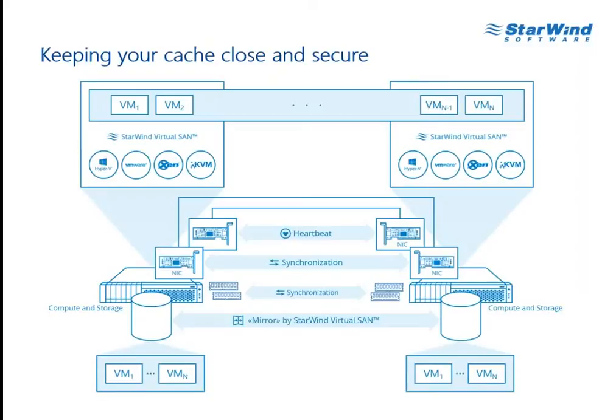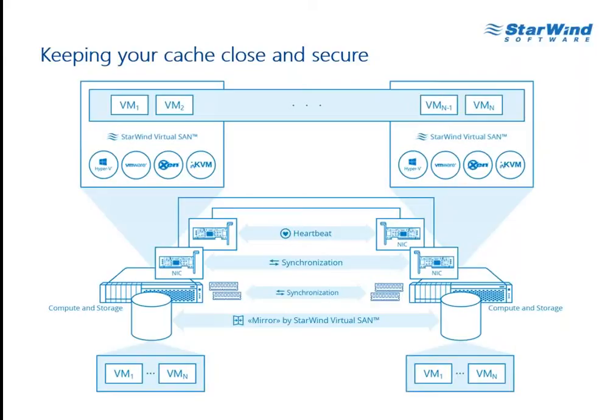So on this diagram here we have a basic reference architecture of the StarWind Virtual SAN solution. The idea of caching I/O locally is implemented on one server, and then as we add the second server, we make sure that all I/O we write on our disks gets cached and also synchronized between the servers.